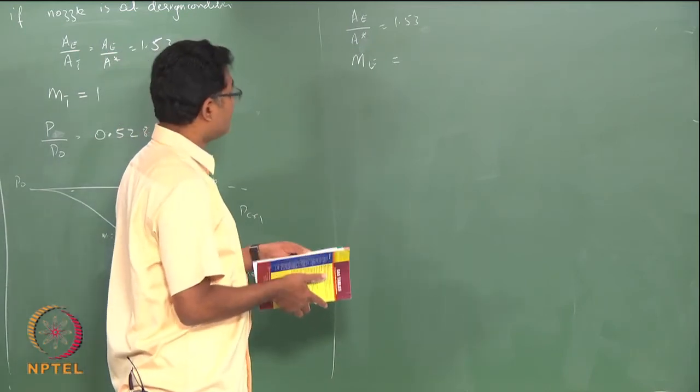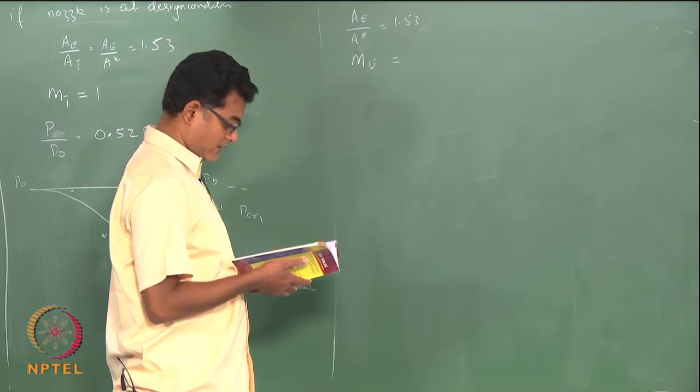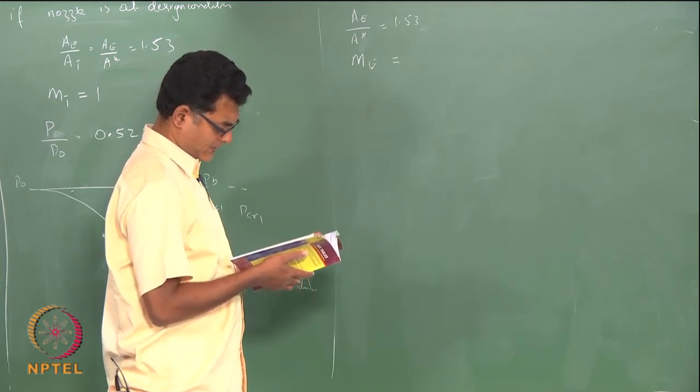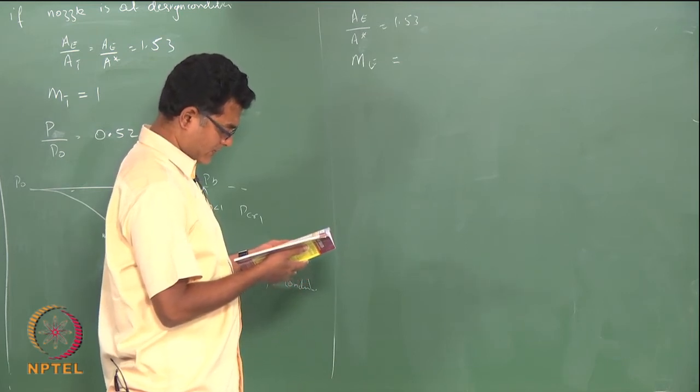So, AE by A star is 1.53, gamma equals 1.4.